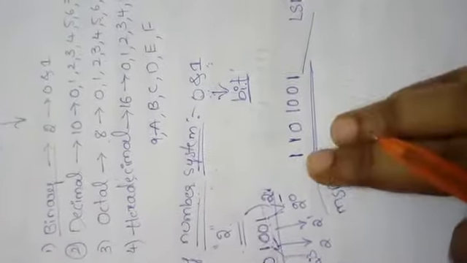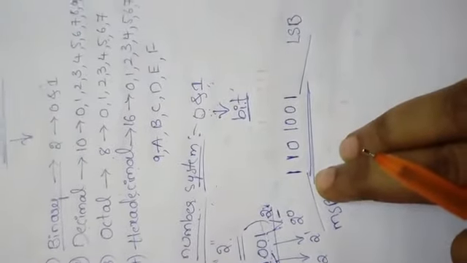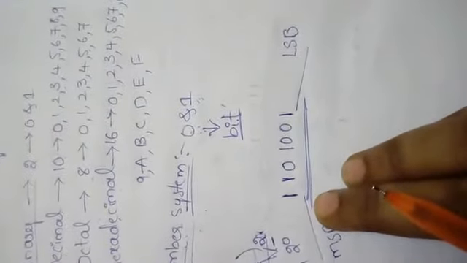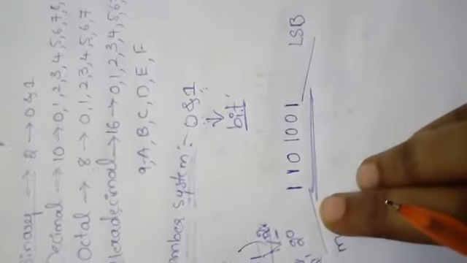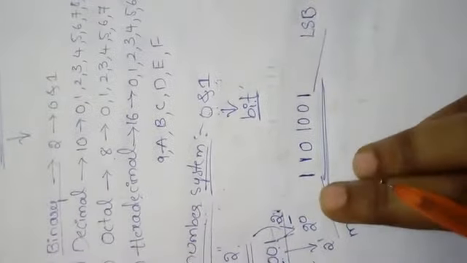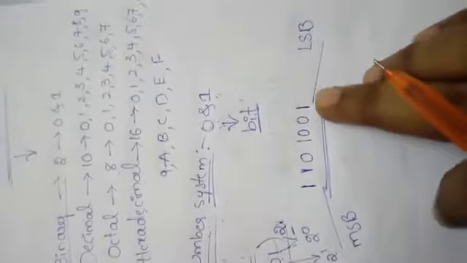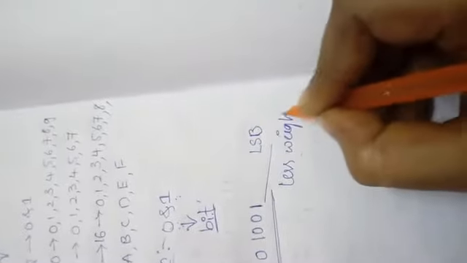Okay, so while coming to the other side, this is having the highest weight, that is nothing but the rightmost bit. This is leftmost and this is the rightmost, right? So this rightmost bit has the smallest weight, that's why it is called the least significant bit.